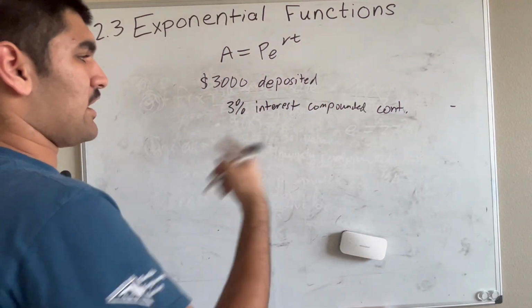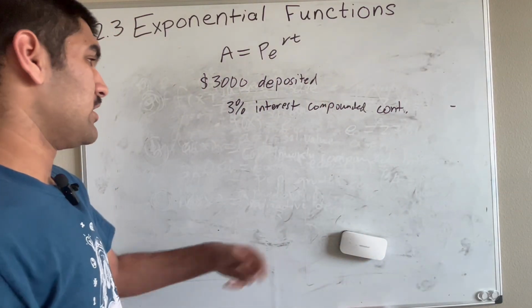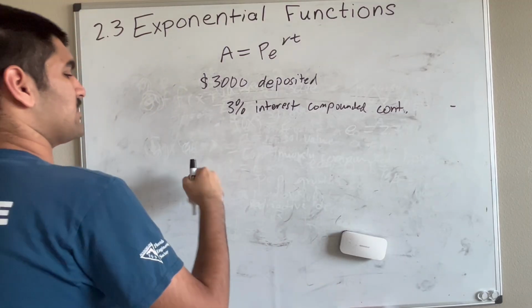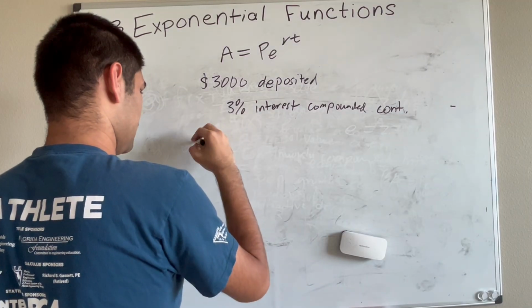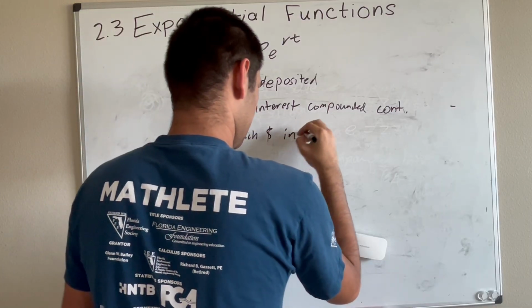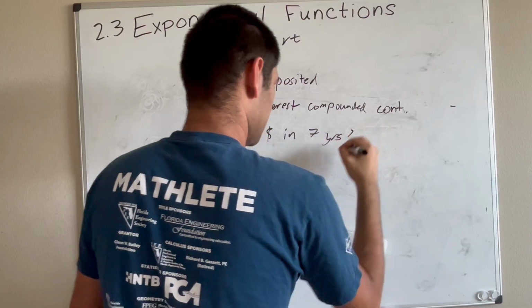So every second, every millisecond, it's compounding 3%. Okay, and then they might ask you, how much money will you have in 7 years?